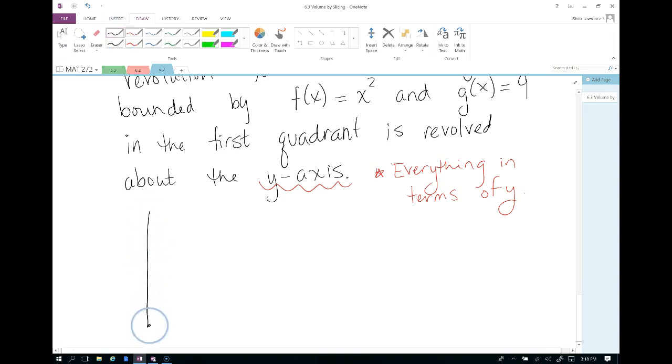For our region, it says only use the first quadrant. We don't care what's happening in quadrant 2, 3, or 4. So we've got our f of x equals x squared, which is just our basic parabola. And we have g of x equals 9, which is a horizontal line up at y equals 9.